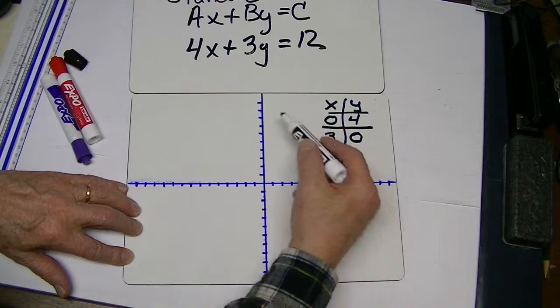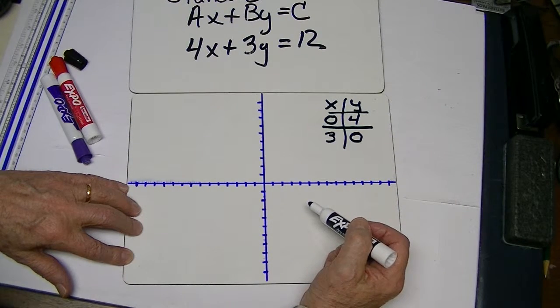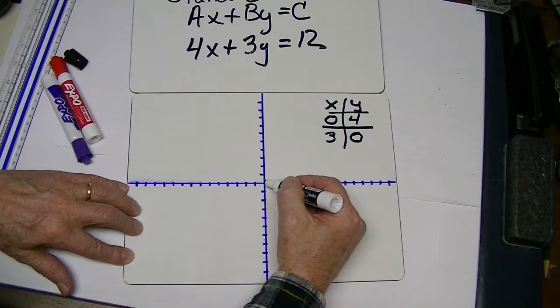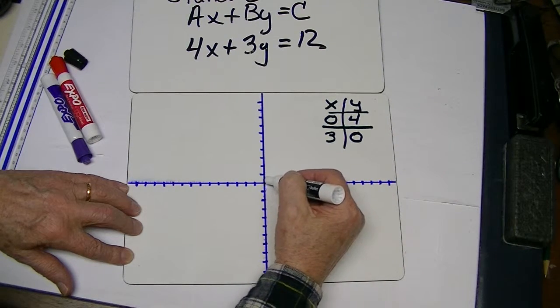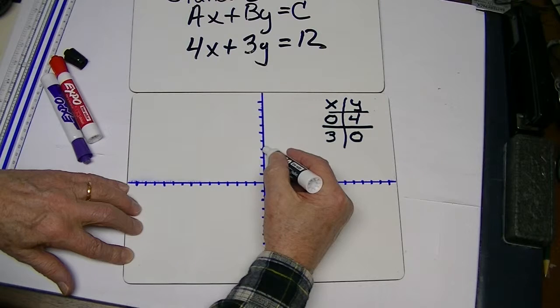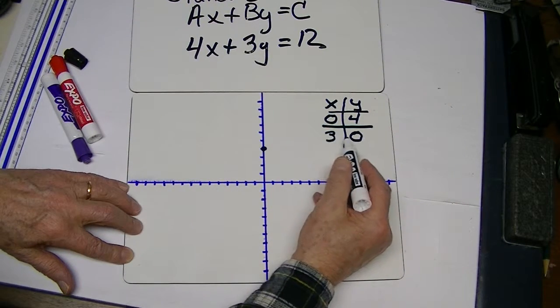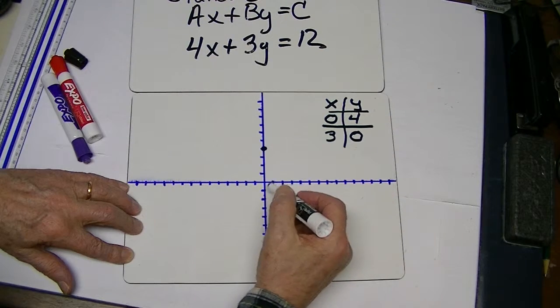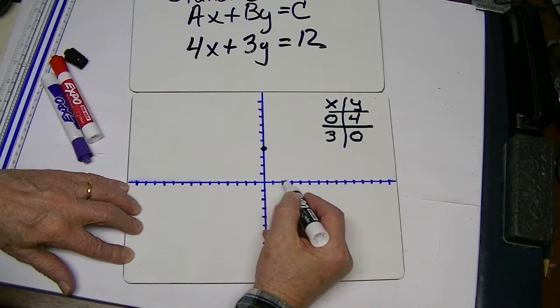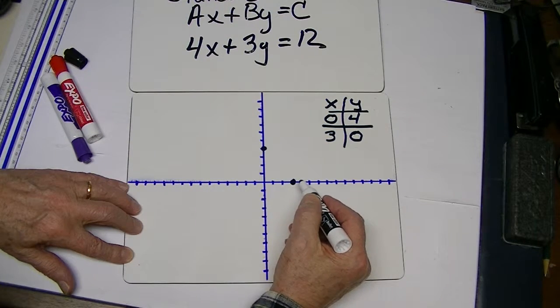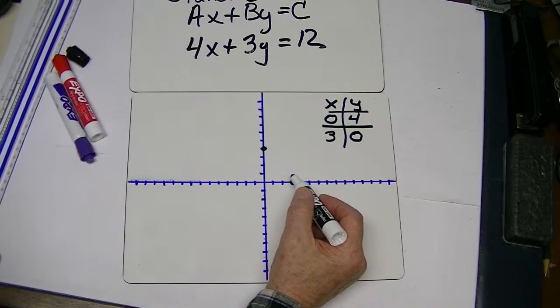And we're going to plot them on our graph here. Well, 0, 4. We go up. There's 0, 1, 2, 3, 4. We put a dot right there. And then we have 3, 0. So we go over 3, 1, 2, 3, a dot there. And we now have 2 points.